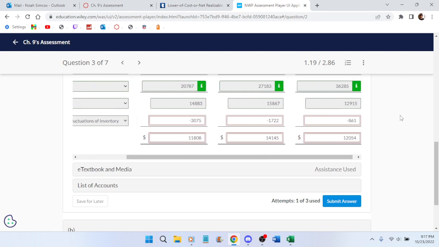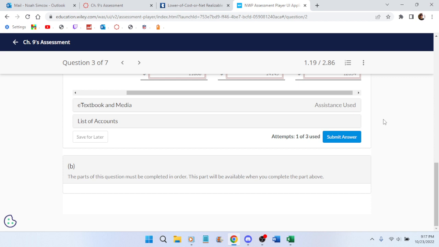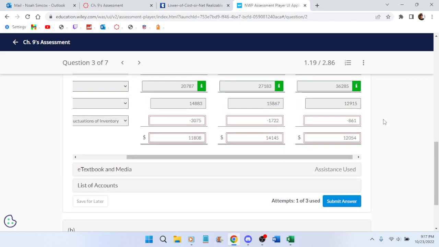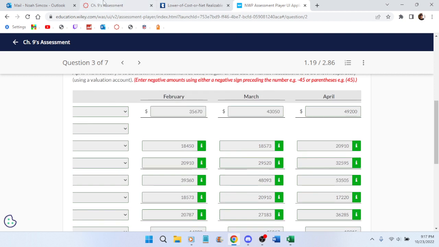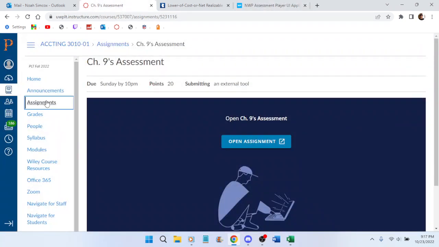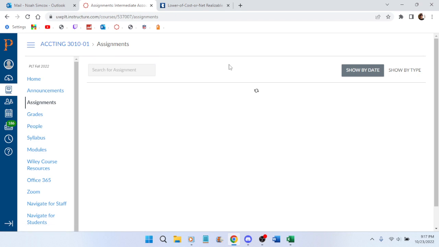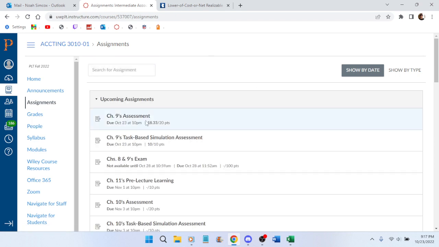And I can't even progress to the next part of the question until I finish this. Fun. Well, I still have less than 45 minutes to do this. Let's see how many points I'm getting right now. I'm ending up with 18.33 out of 20. I'm fighting for those last few little points right now.